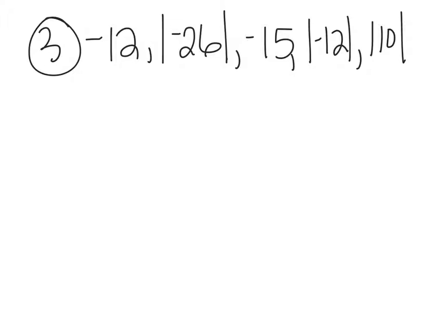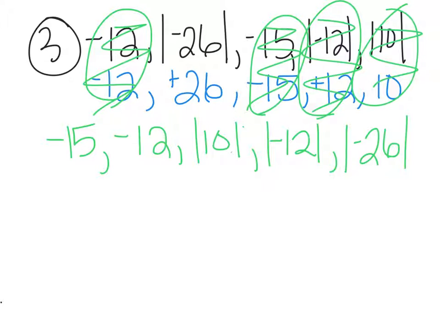Go ahead and work through that problem the same way that we have been, and then you should get it ordered. When you're finished, you're going to go ahead and compare your answer to the one that I have. All right, and that's what you should have for an answer.